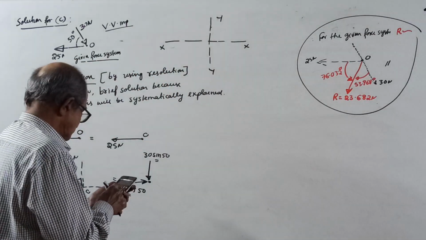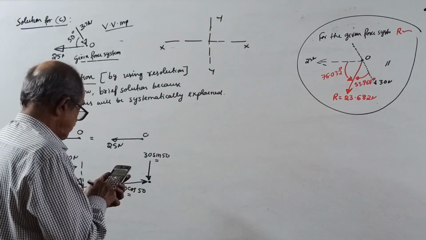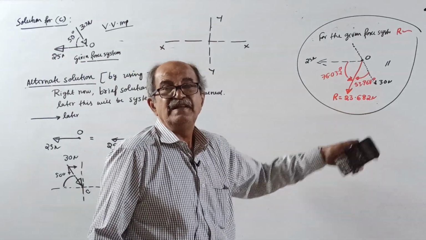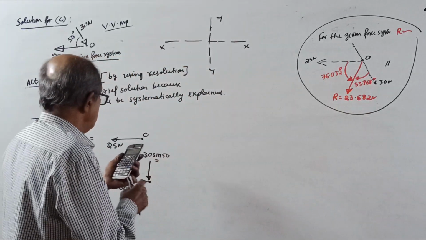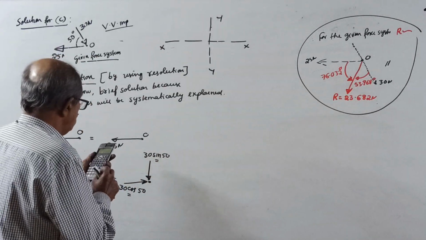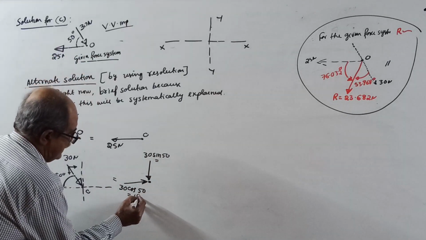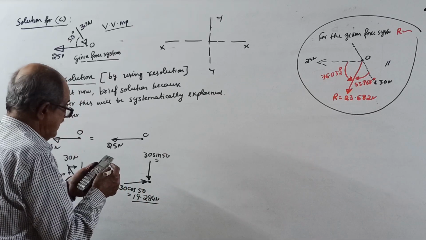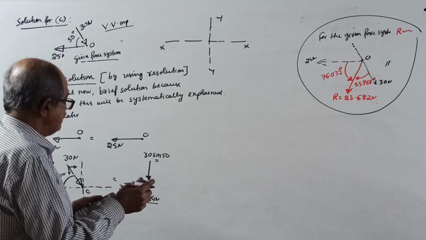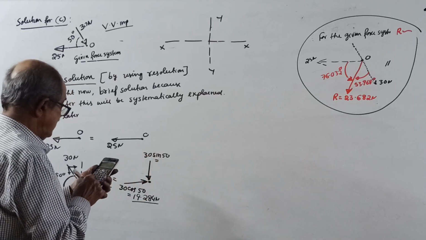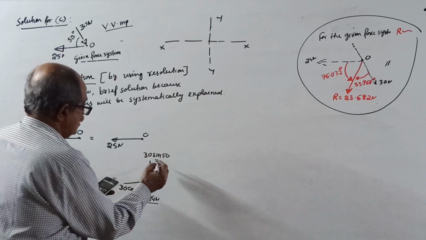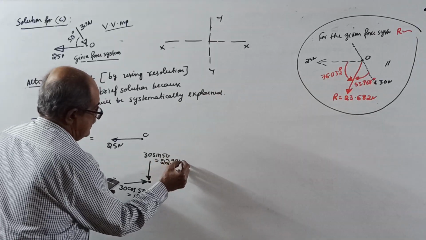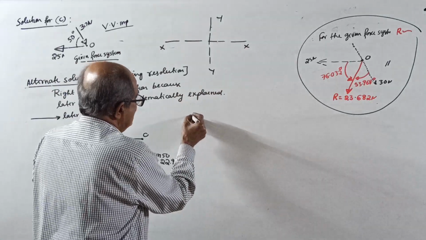I know the answer has to come as 30 into cos 50, but 23.681, that decimal error will come because of approximation. It is 19.284 Newton. Actually, it is 19.2836. I am rounding off. And 30 into sin 50 is 22.981 Newton.